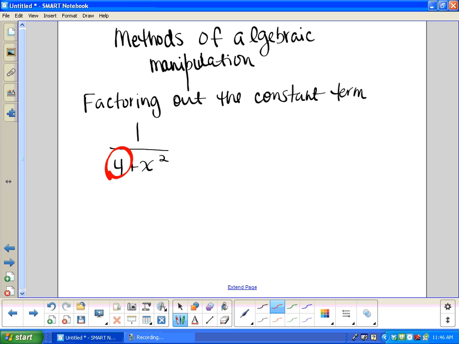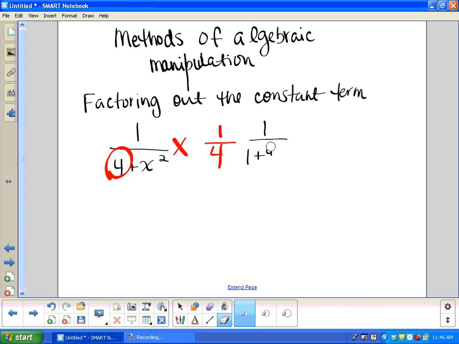So what I can't do is just say 1 over 4 times 1 over 1 plus x squared. That's not right, because if I were to distribute that 4 back through, I would get 4 plus 4x squared, which is not what I started with.